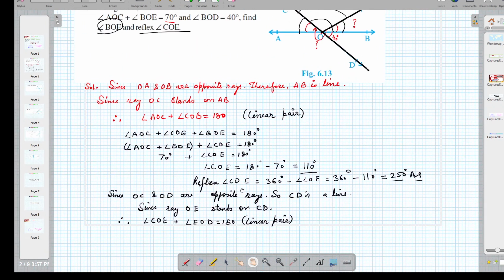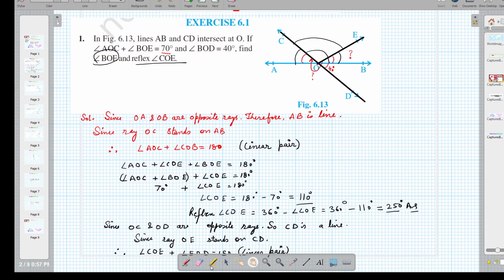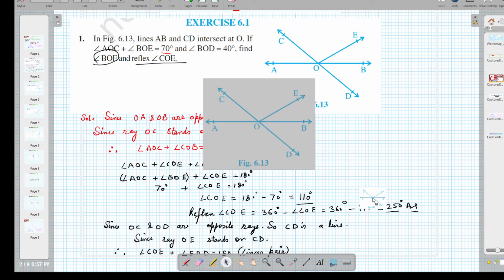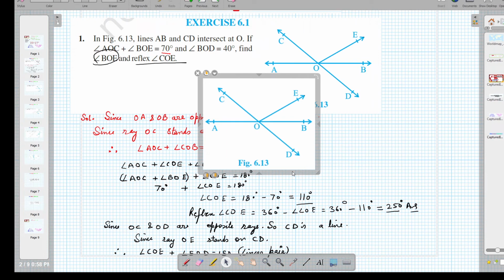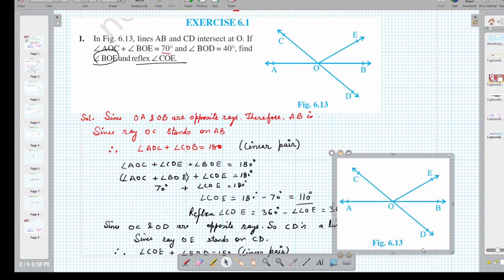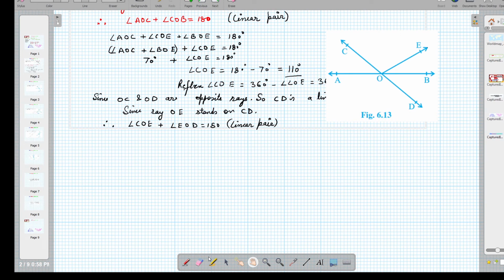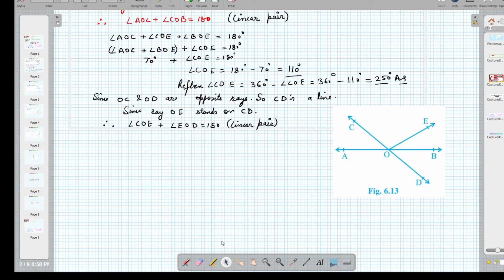Now we can divide this angle into two portions. We bring that diagram downward, so we can just cut it and bring it down so that we can understand better. So here is the diagram.